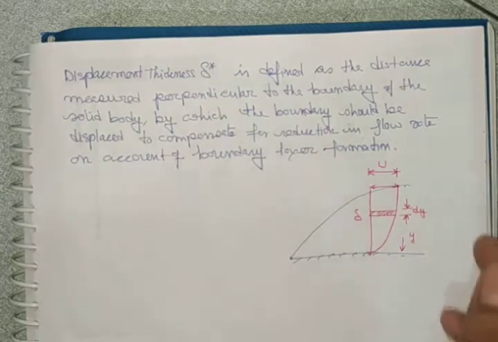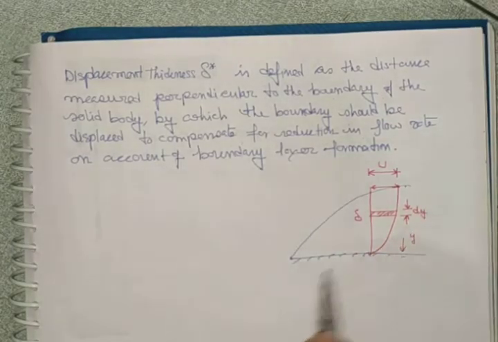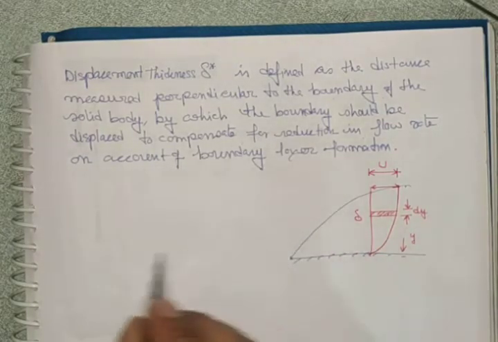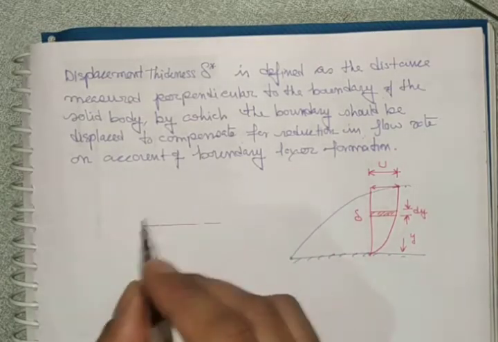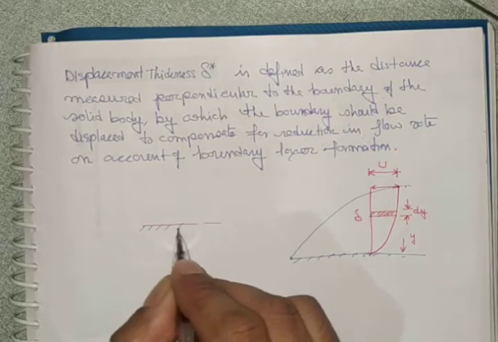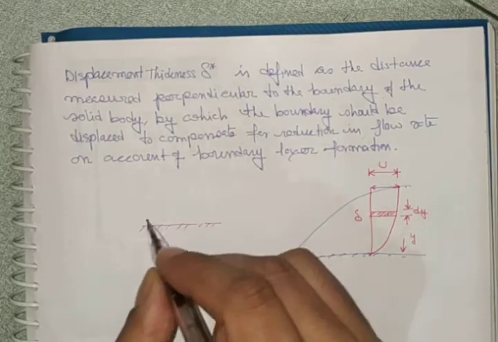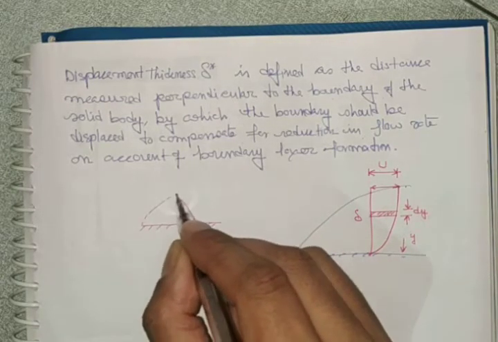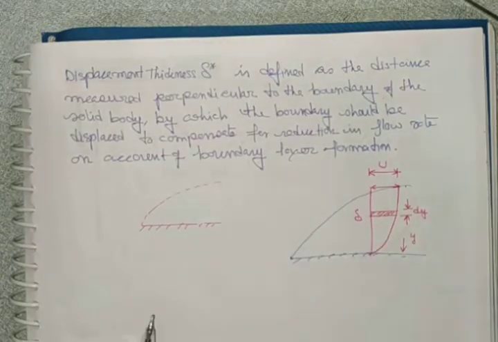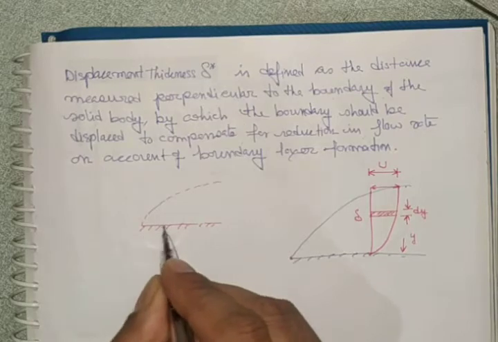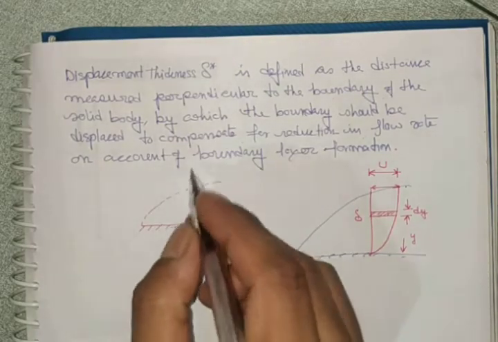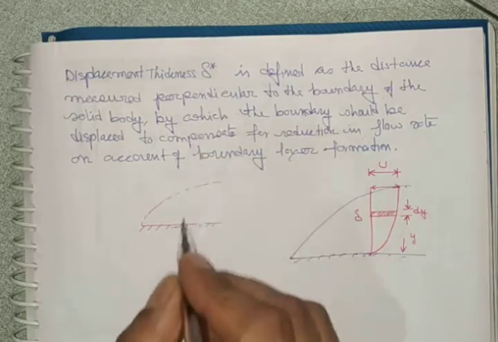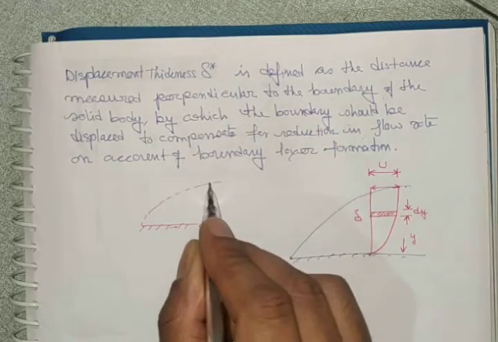So when a liquid comes in contact with the solid surface, as you know, it will form a boundary layer like this. And this boundary layer is basically three-dimensional in diagram.